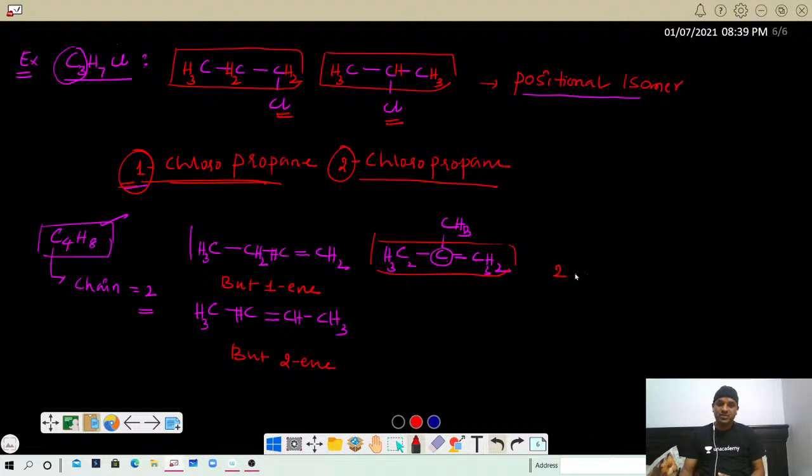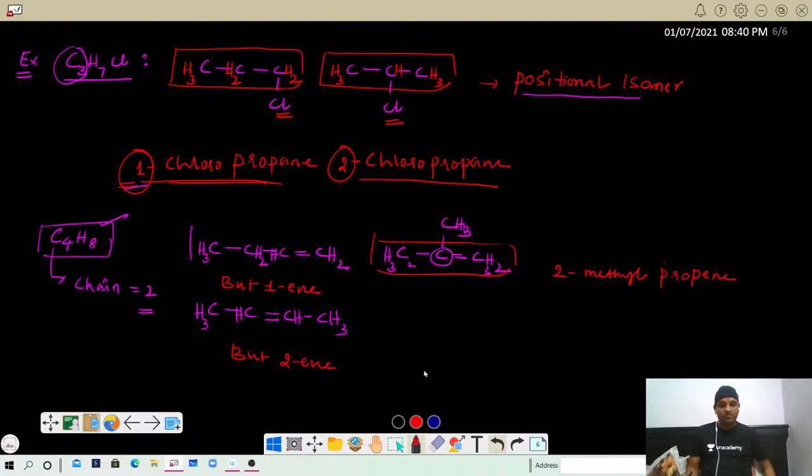This is 2-methyl propene. 2-methyl propene.